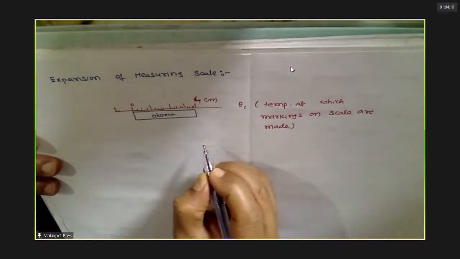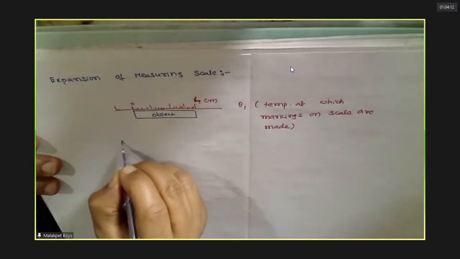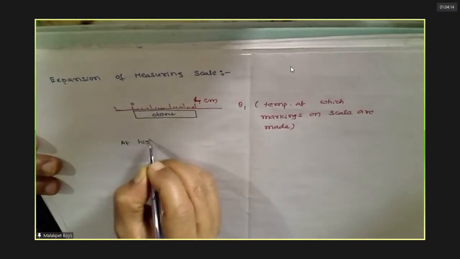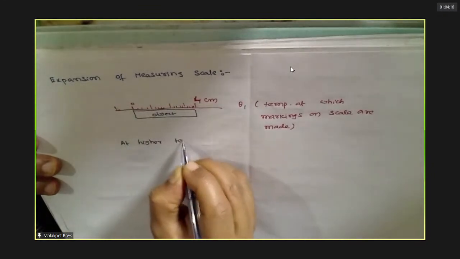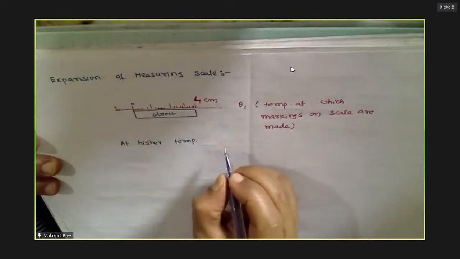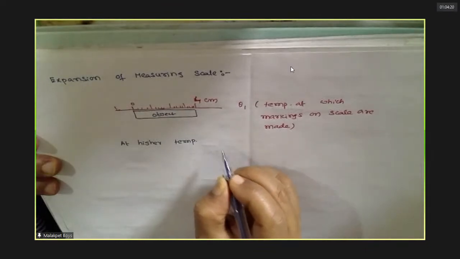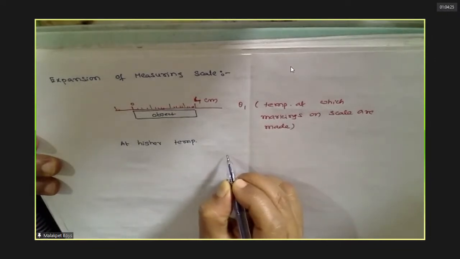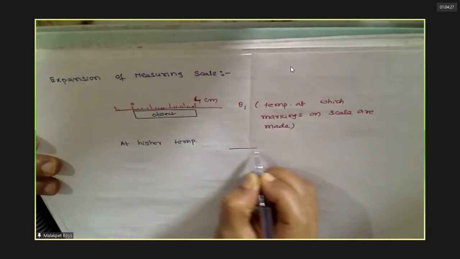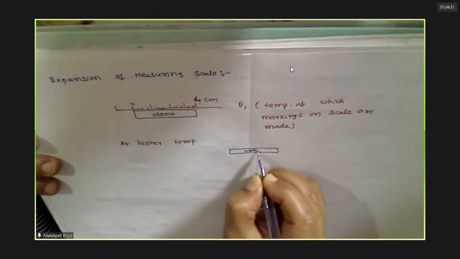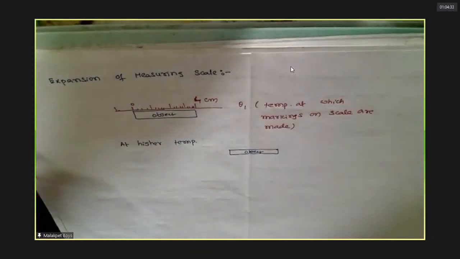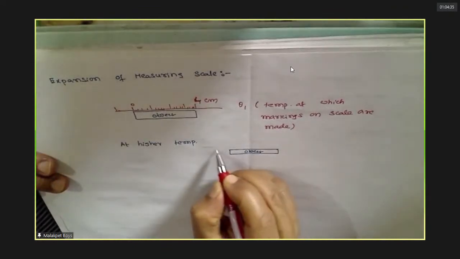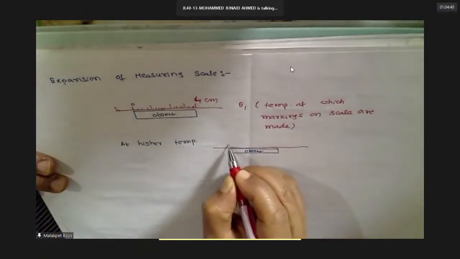At higher temperature, what will happen? The distance between any two markings will change. Now the same object, if I measure, due to thermal expansion, what will happen? The length scale will enlarge. The 4 centimeter will be more.